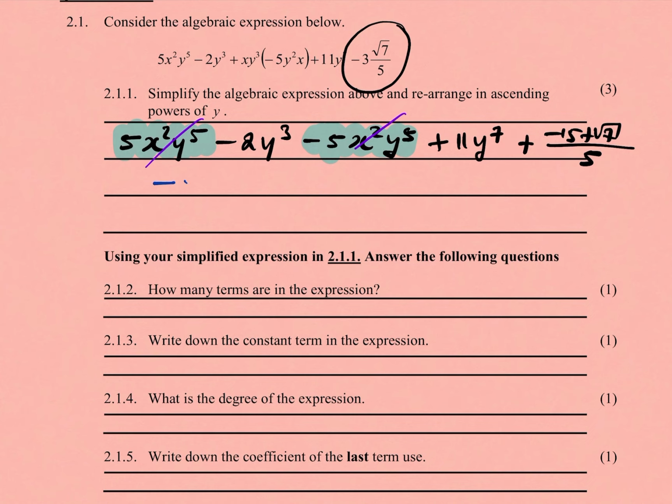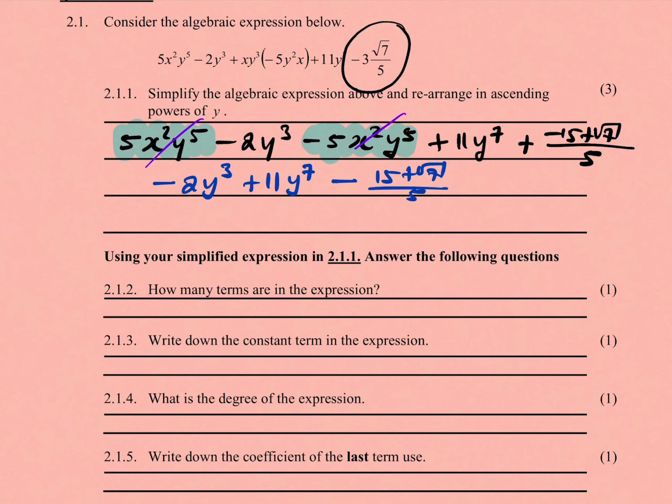We are left with minus 2y cubed plus 11y to the power 7 plus minus 15 there, plus, in fact, let me just put it nicely to say that is a minus 15 plus root 7 over 5.